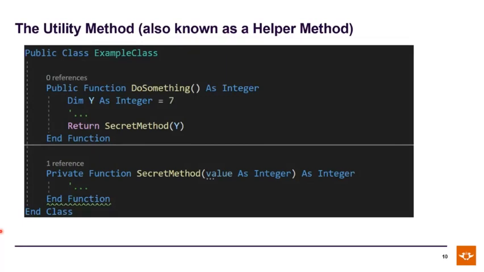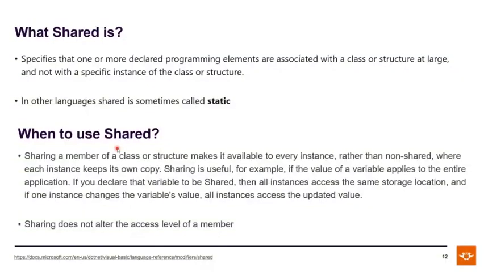The next thing I need to discuss is what is known as shared. This takes time to understand, and this is where your understanding of objects and classes becomes very important, because something that is shared doesn't belong to an object. I'll explain what I mean. Shared specifies that one or more declared programming elements are associated with a class or structure at large, and are not specific to an instance of a class or structure.